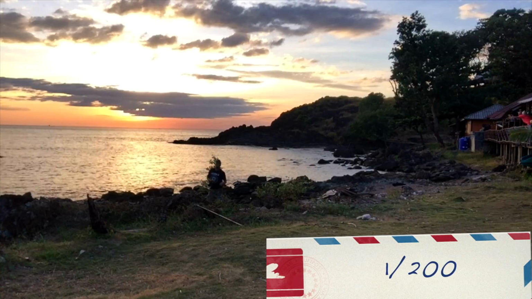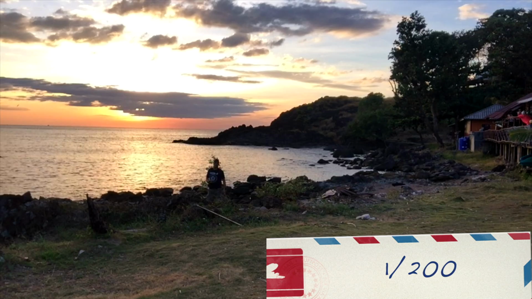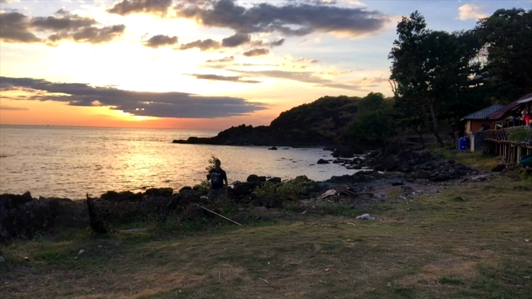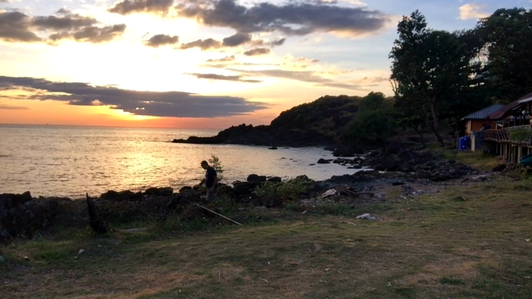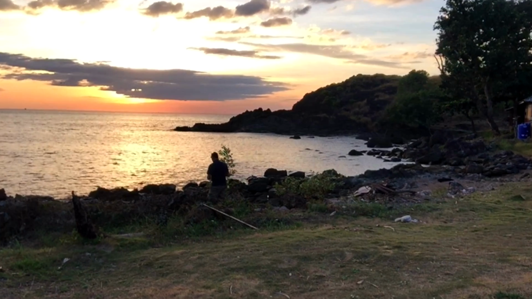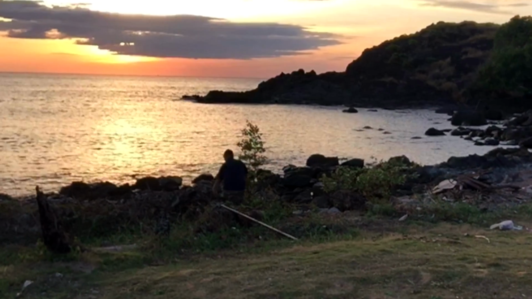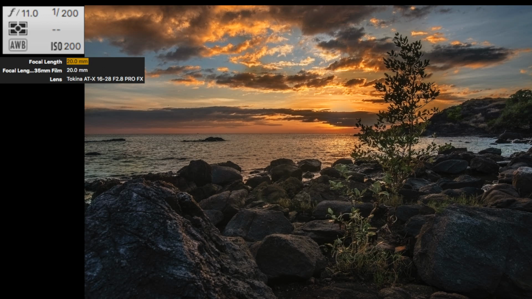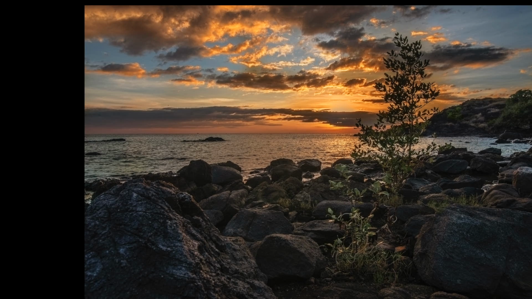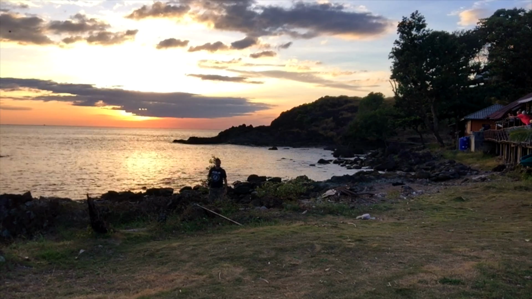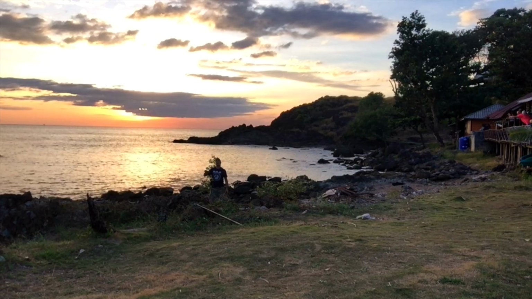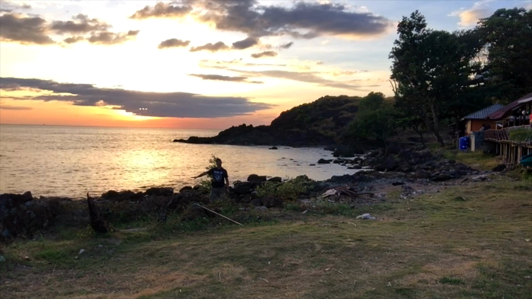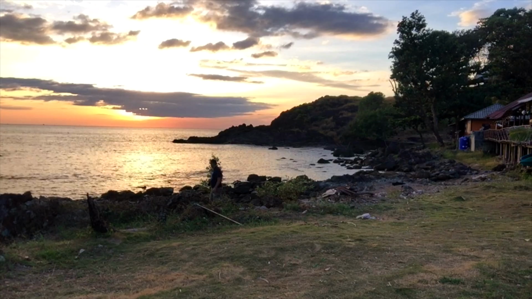So I have 200 of a second shutter speed, which is very comfortable to shoot with this wide angle lens. So let's take a few shots. Now I'm gonna go next to the water and get my camera really low next to the ocean and take a few pictures.